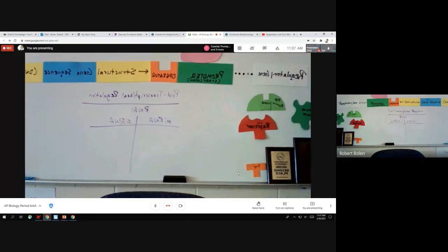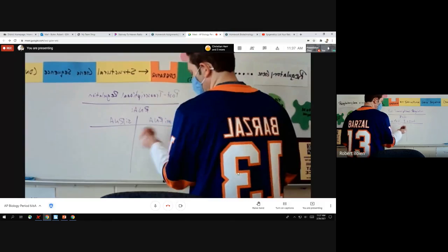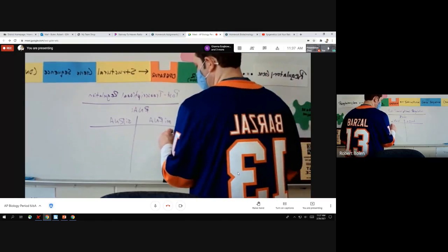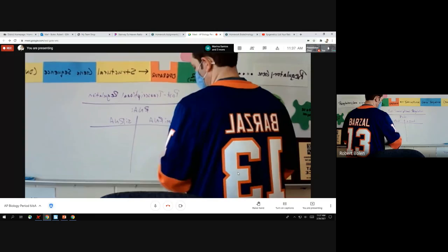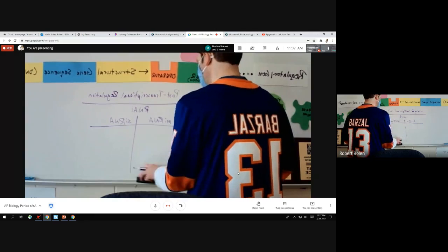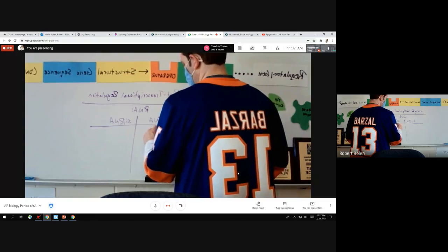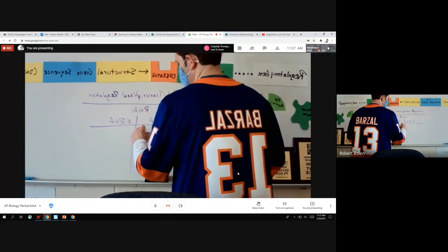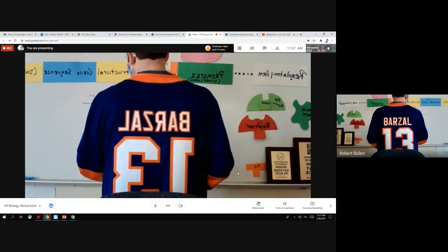Both of them inhibit translation. Basically the difference is that with miRNA the base pairing is not exact, whereas with siRNA it's exact base pairing.